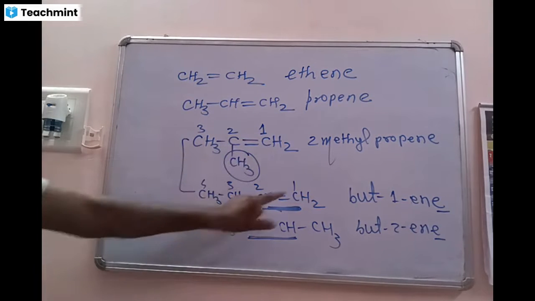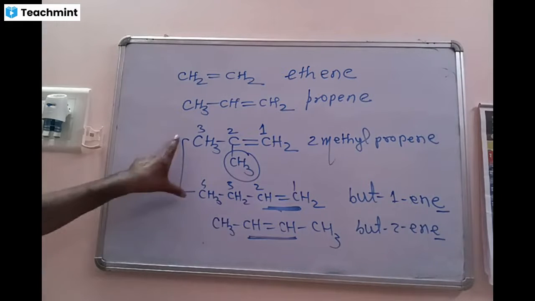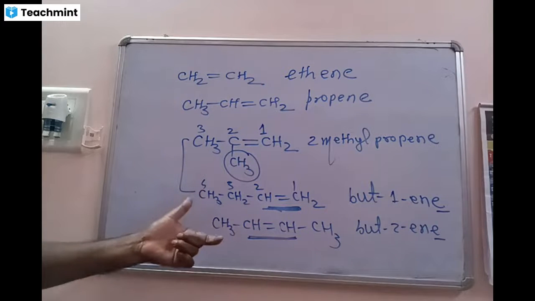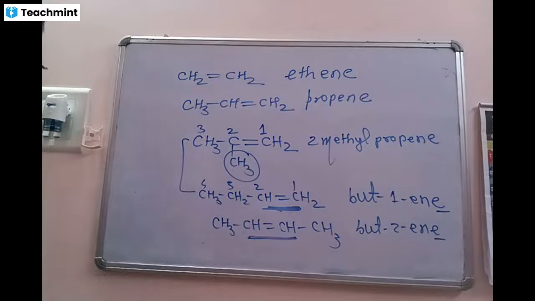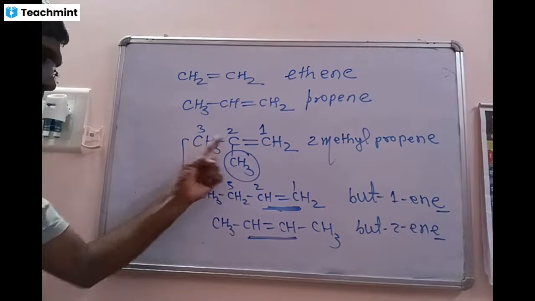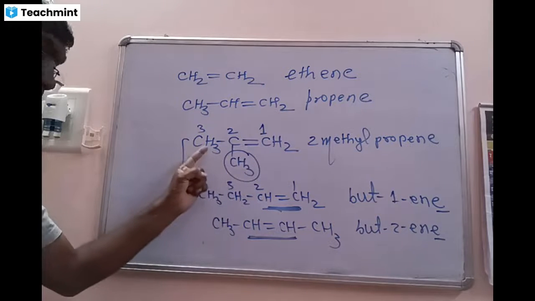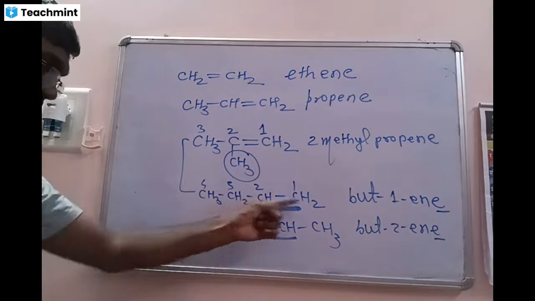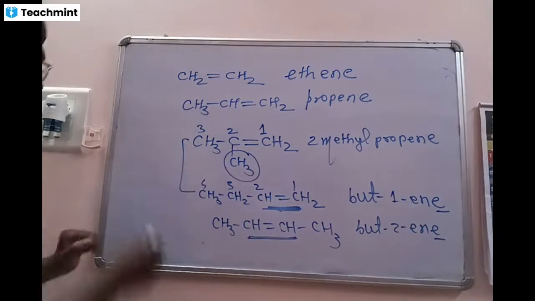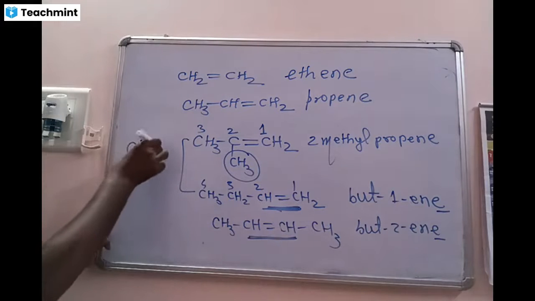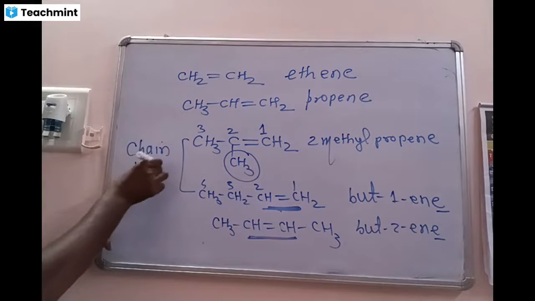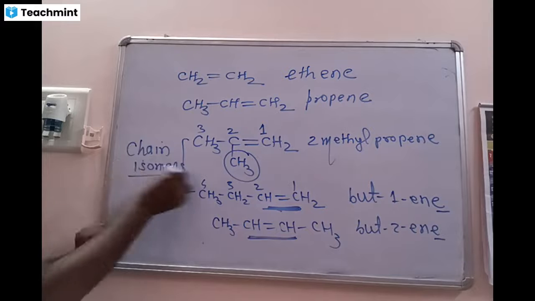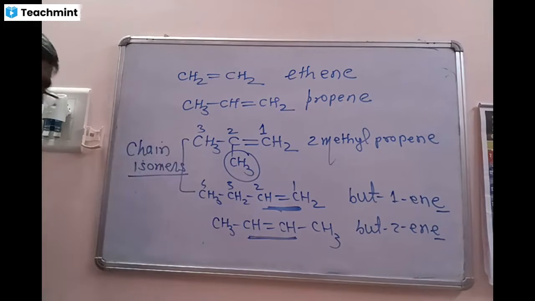Number of carbons 1, 2, 3, 4. These are also isomers having the same formula. Count hydrogens too: 6 + 2 is 8. So these are called chain isomers. You got this one? Yes. Okay.